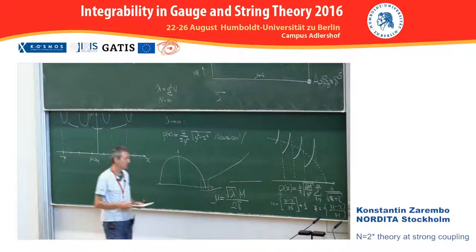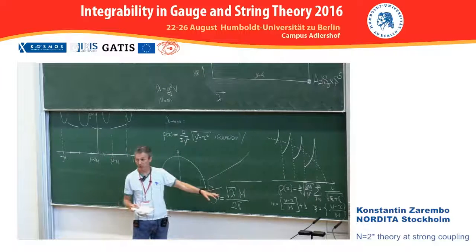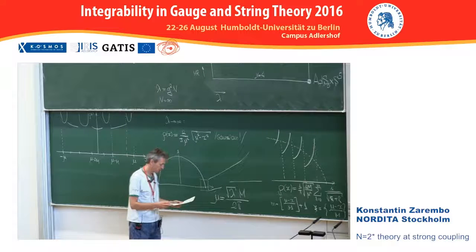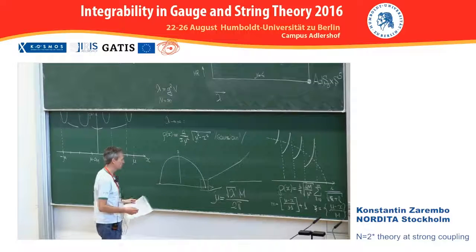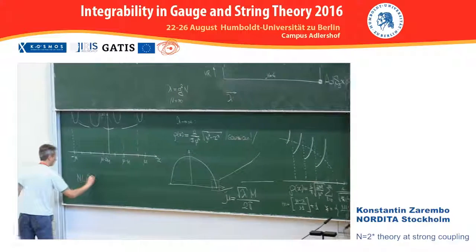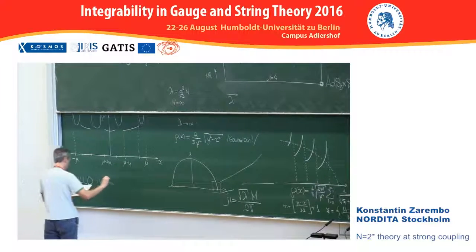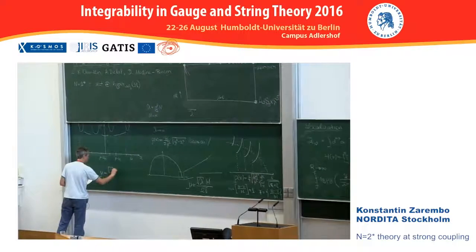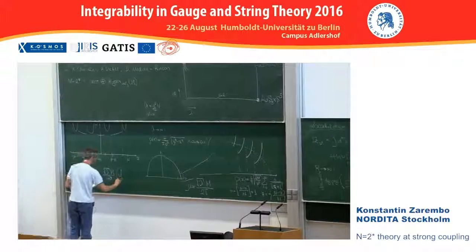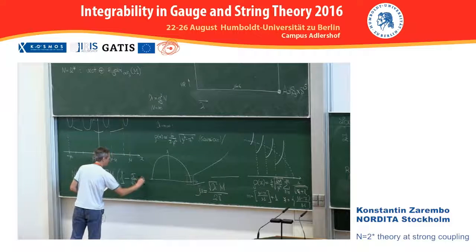And now it turns out that if you want to compute the next correction to this formula, it comes from this near boundary region. So at the next to leading order, at strong coupling, mu gets a correction, which is, well, relatively simple.